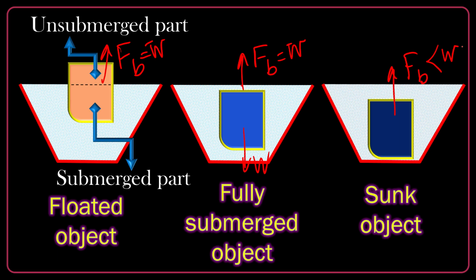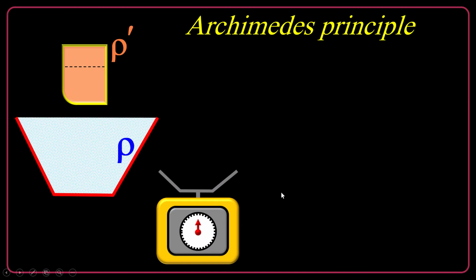And due to that displacement, it's acted on by the buoyancy force. Okay, let's go through an experiment and then learn it. The setting of the experiment is very easy. Here I have a beaker fully filled with a liquid of density rho, and an object of density rho prime. It will shortly be partially submerged in the liquid.